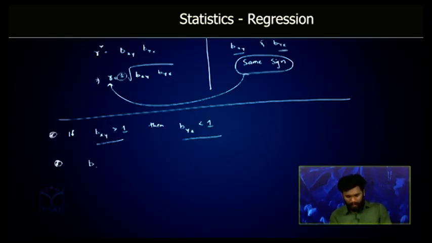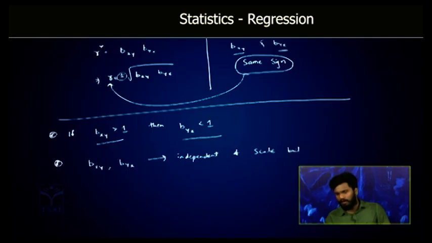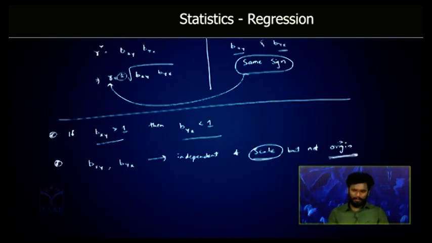And these regression coefficients bxy and byx are independent of scale but not origin. This is also one of the important properties you have to remember.